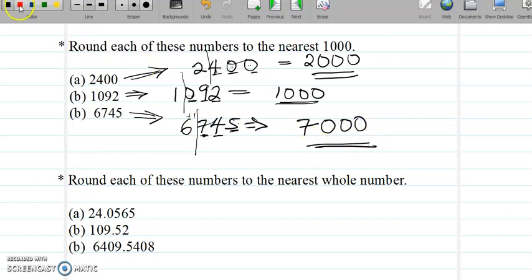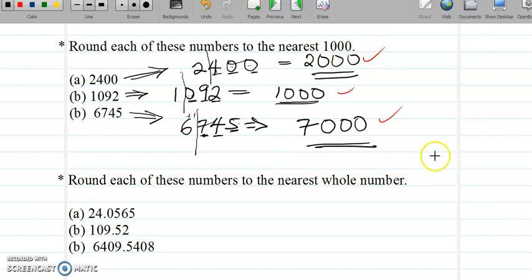So that's how we solve the question: how to round to 10, 100, 1000, and so on. Now let's look at this final question. This one is talking about rounding each of the following to the nearest whole number. Please, there is a difference between rounding to a whole number, rounding to 100, rounding to 10, and rounding to 1000.